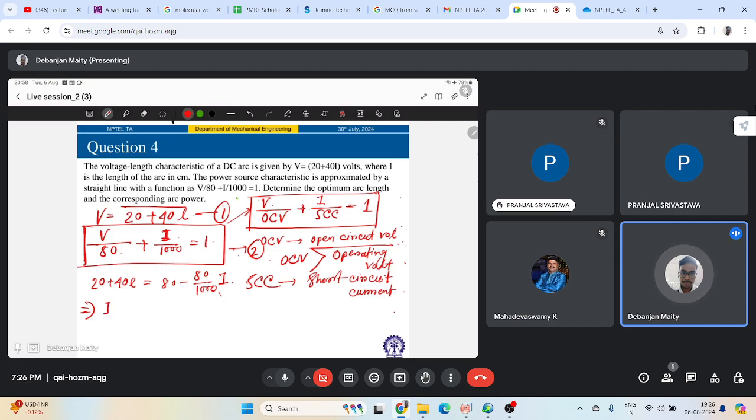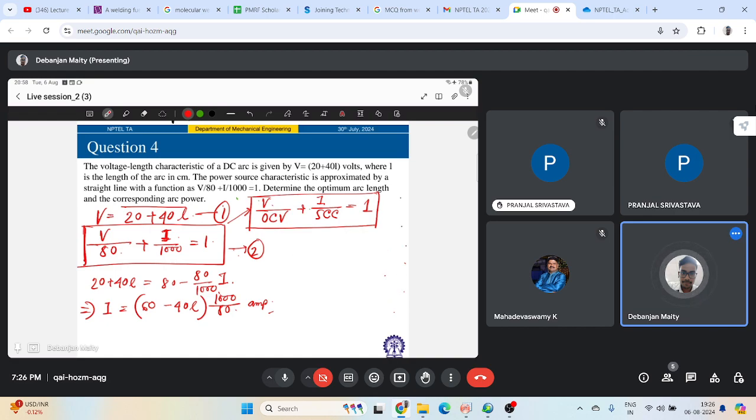And from here I can write I as (80 minus 20) that is 60 minus 40 L, into 1000 by 80. Just stay with me and tell me if you are not getting the calculation.